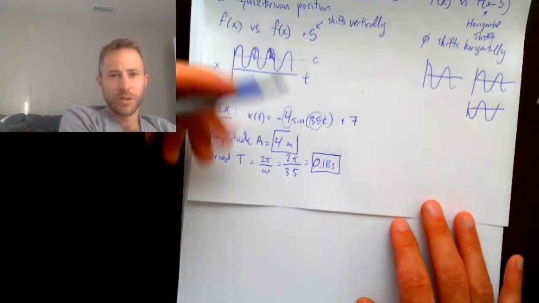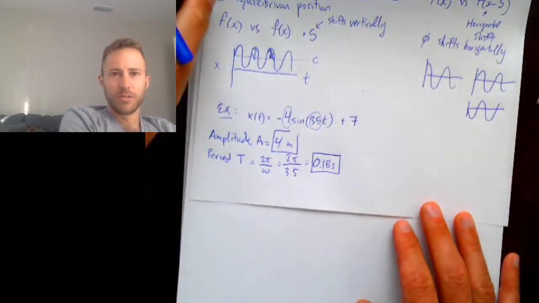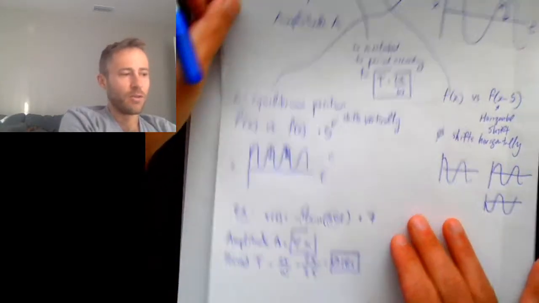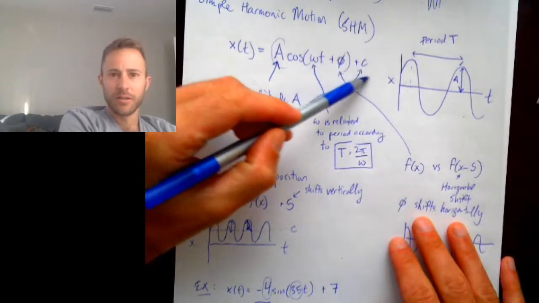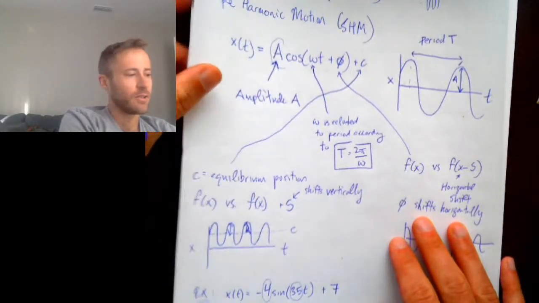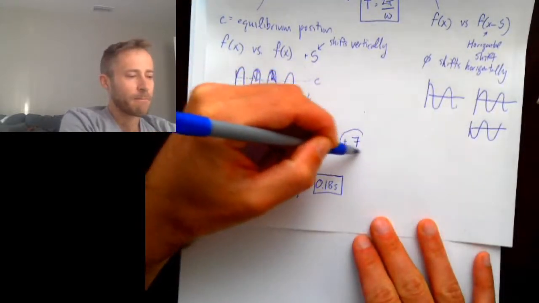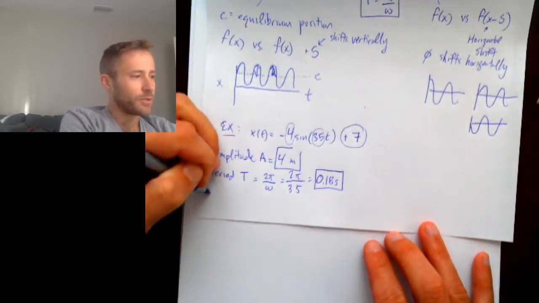Now, if we look at the thing that's added on to the very end, that is the equilibrium position. We can see in our model of simple harmonic motion, the thing that is added on at the very end is the equilibrium position. So we can see that 7 right here is the equilibrium position.